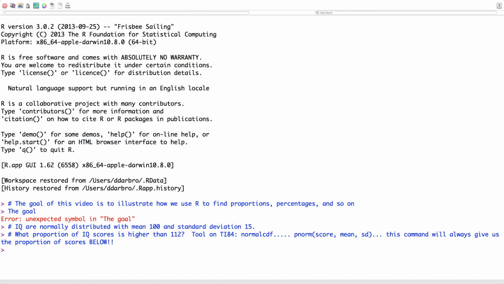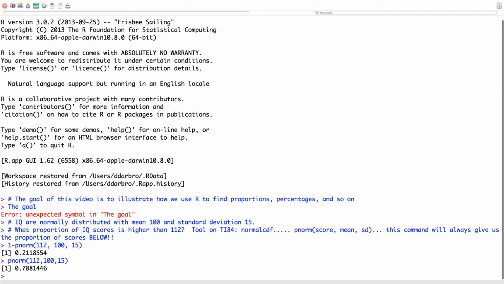So to work this problem, we would go 1 minus pnorm of 112, comma, 100, comma, 15. Because if I just do pnorm 112, 100, 15, what I'm going to get is the proportion of scores below.